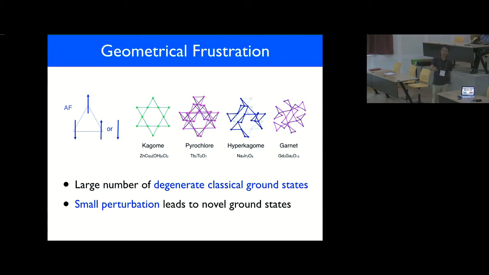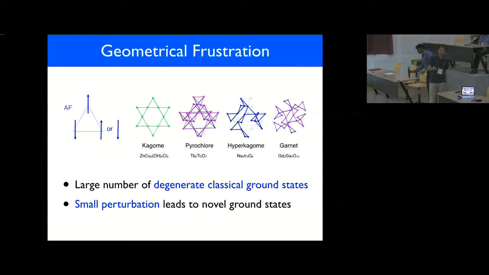For example, if you put the spins in this fashion, this bond will be unhappy, and if you flip the spin, that bond will be unhappy. So the best you can do is to make the bonds equally unhappy, and this produces some degeneracy.